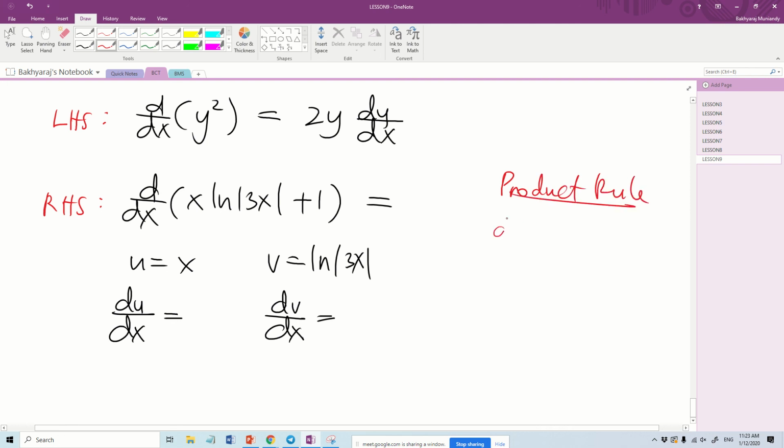So maksud dia ada fraction. Yes, ada fraction. Dia memang akan ada fraction.